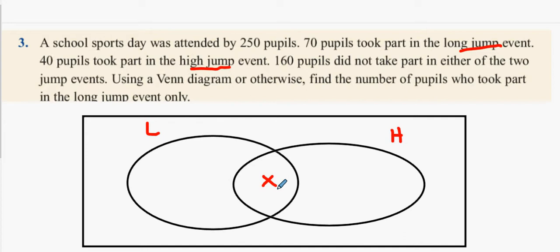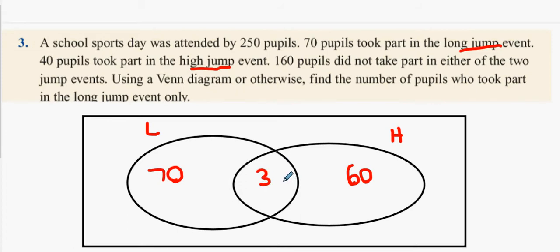Okay? Now, for argument's sake, if 70 people did the long jump, these are false numbers, by the way. I'm just going to make up some false numbers for you, okay? I'm going to call that 70, I'm going to call that 60, and I'm going to call this one, just for argument's sake, 3. I'm going to ask you a question.